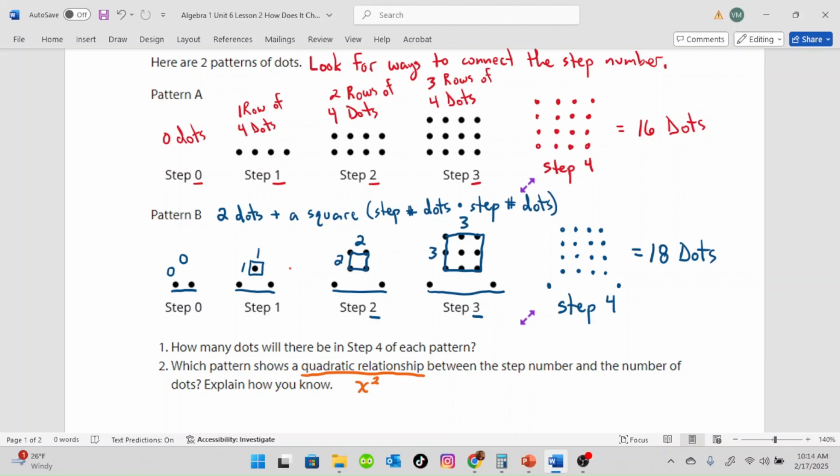And the one that I see having a relationship to squares is pattern B. This has a formula or an expression that is the 2 original dots plus the step number squared.